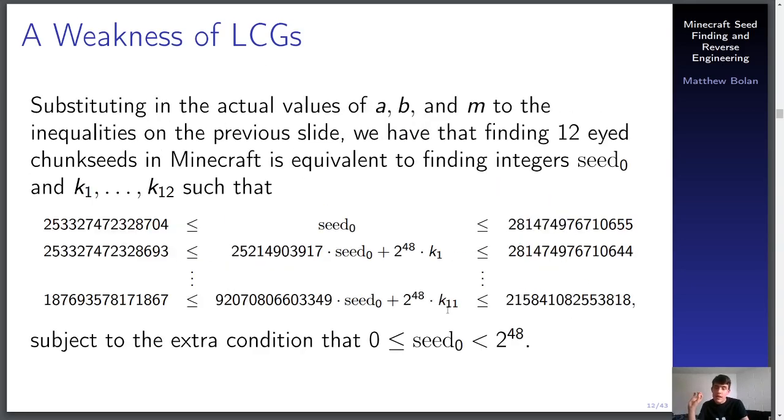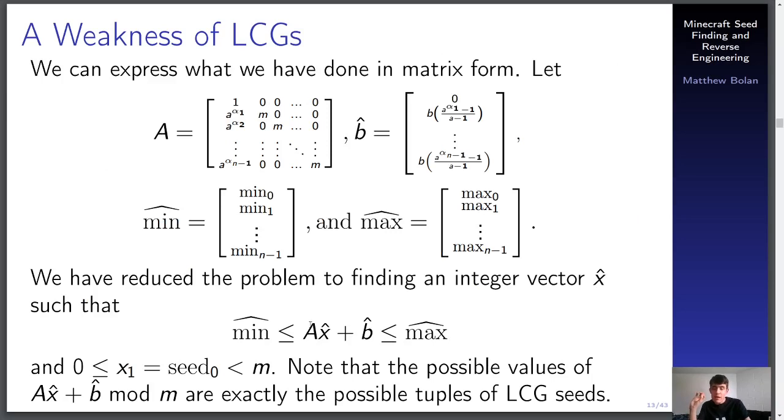So if we can find an integer vector x hat such that this is satisfied, we have then a list of n consecutive seeds. Well, not even consecutive. We have a list of what the seeds are at all the indices that we're targeting, and we know for a fact that they work and that they're valid.